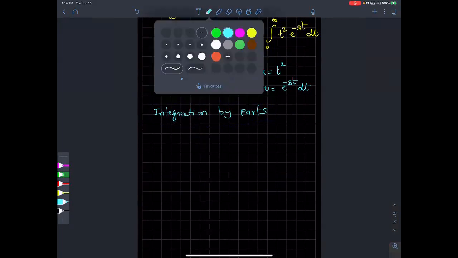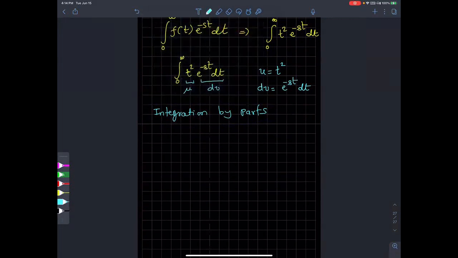So u is t squared. What's du? du is 2t dt. And then we have dv equals e to the minus st dt. So if I were to find v from this by integration, I would have minus 1 over s e to the minus st.